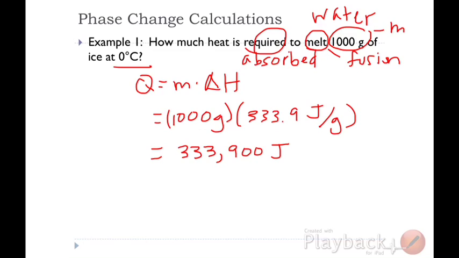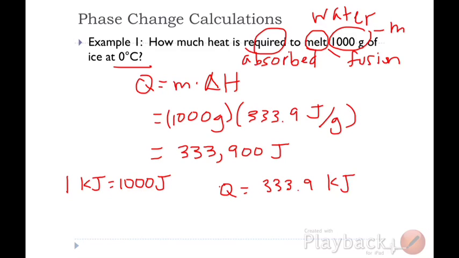This is a really big number, so we might want to actually convert this to kilojoules. 1 kilojoule equals 1,000 joules. So to convert this to kilojoules, we would just move the decimal point 3 places to the left. So it would be Q equals 333.9 kilojoules. So that's just an option.